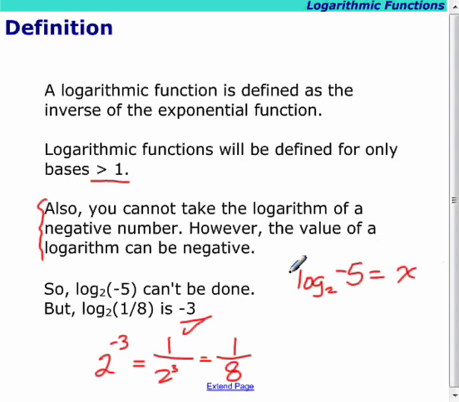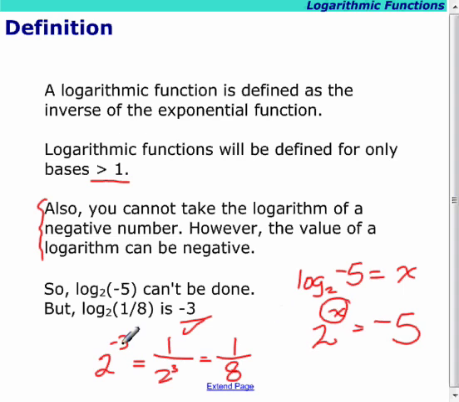So let's change this from log form to exponential form. The base is 2, the exponent is x, and it is equal to negative 5. So my question is, is there any way that I can raise 2 to some power and get a negative number? There's no way. If this is a positive number up here, of course I'm not going to get a negative number.